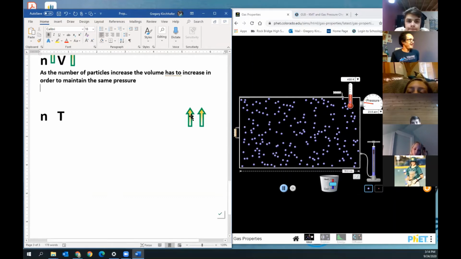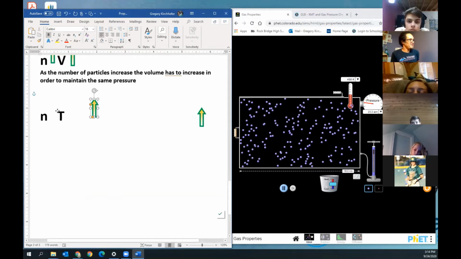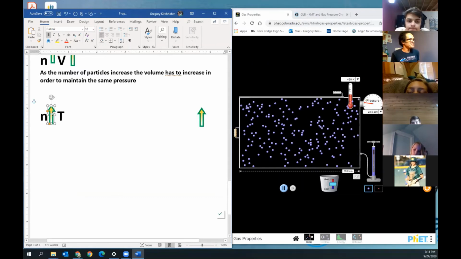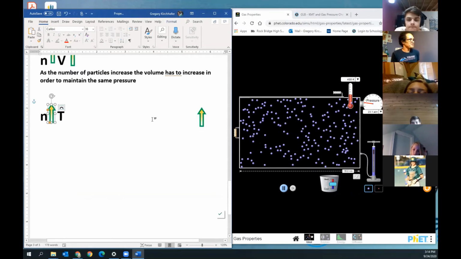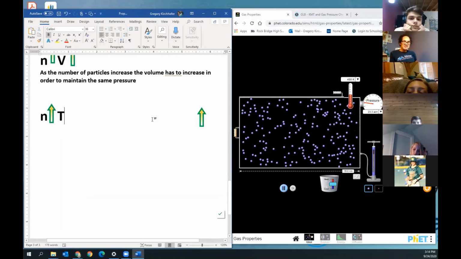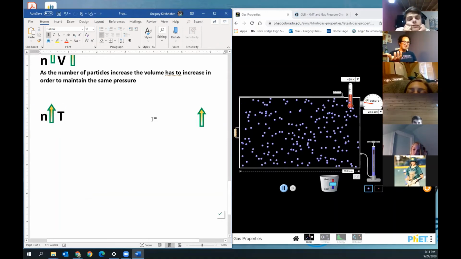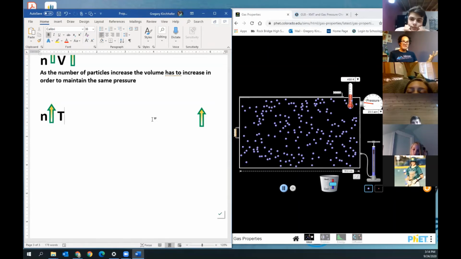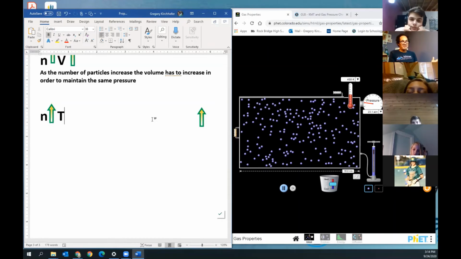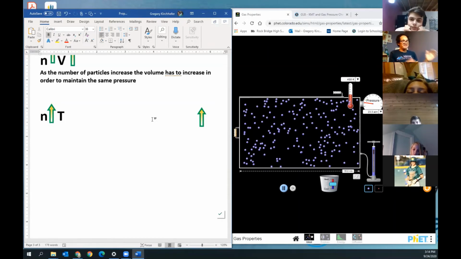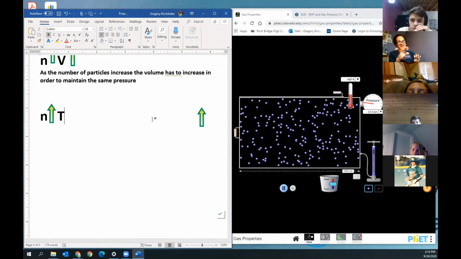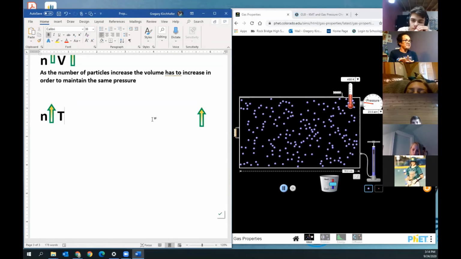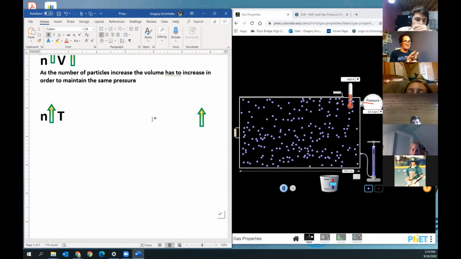And let's look at our last one. This is the weirdest one, I think. This one's the least intuitive. So we're saying if we change the number of particles, how could that affect the temperature? Right? And again, if you think about what that means, it means change the number of particles, how could that affect the temperature if the pressure and the volume stay the same?